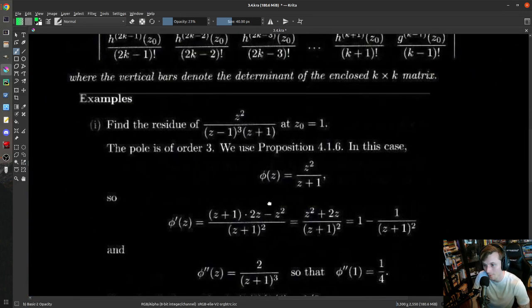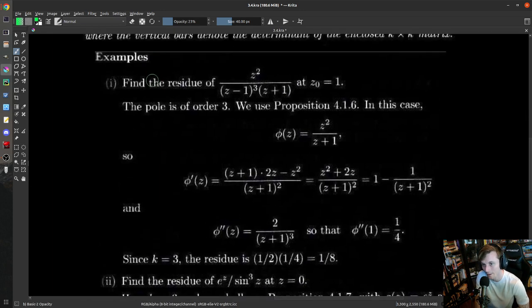Let's do an example. Let's take the residue of z squared over (z minus 1) cubed times (z plus 1) at z0 equals 1, right? So that is a 0 of the denominator here. Okay. It's a pole of order 3, since that's the third power. Proposition 4.1.6. In this case, phi of z is equal to just everything except for this little chunk in the bottom, right?